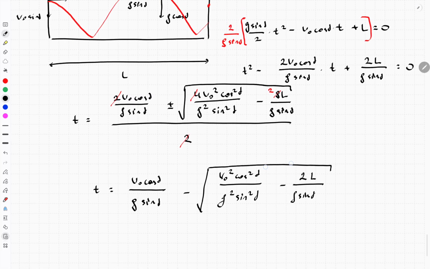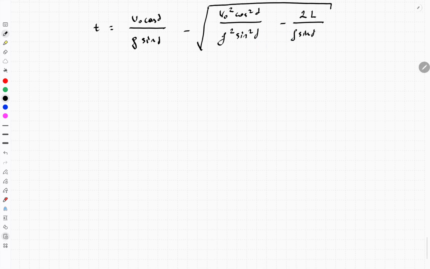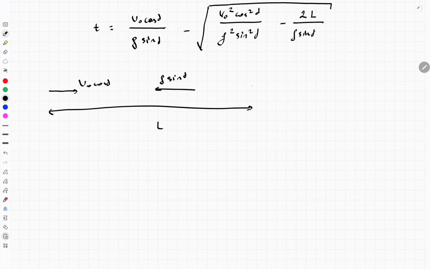What is the condition? At least its velocity at this level should be equal to 0. It's entering with initial velocity, in the opposite direction we have g sine alpha, and after L distance its velocity should be at least equal to 0. So this velocity should be enough to reach this final L distance. I will use the equation: final velocity square equals initial velocity square plus minus 2ax.